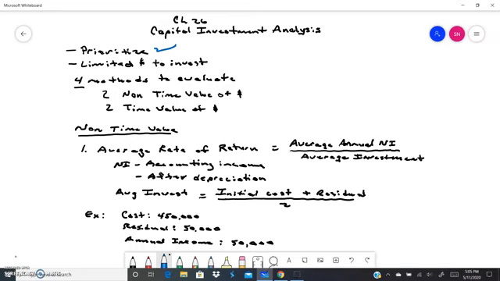But this is important because obviously we have limited amounts of money to invest. So pretty much every company doesn't have unlimited amounts of money. And so some of the techniques in this chapter will allow us to not only determine which investments are good investments to make or that we should pursue, but also how to prioritize them in terms of being able to actually rank them from best to barely acceptable.